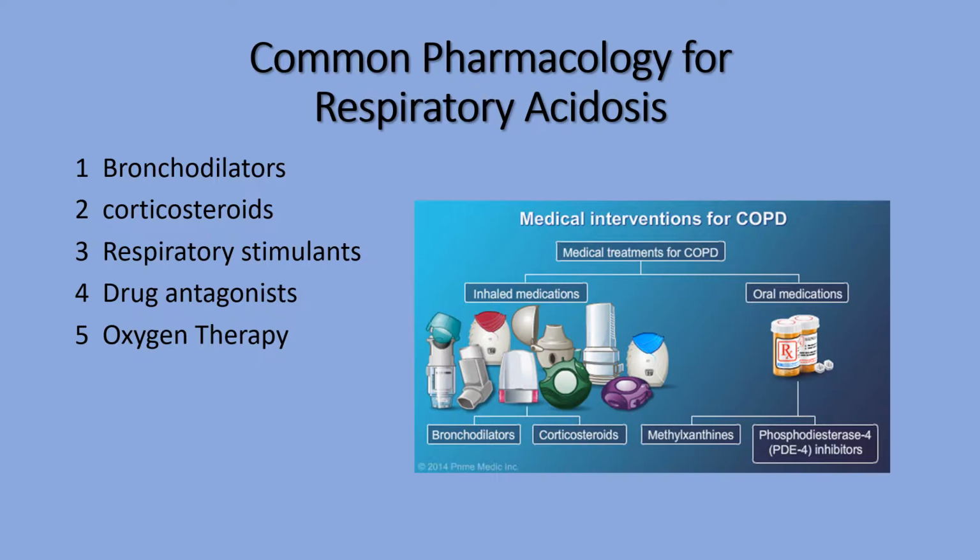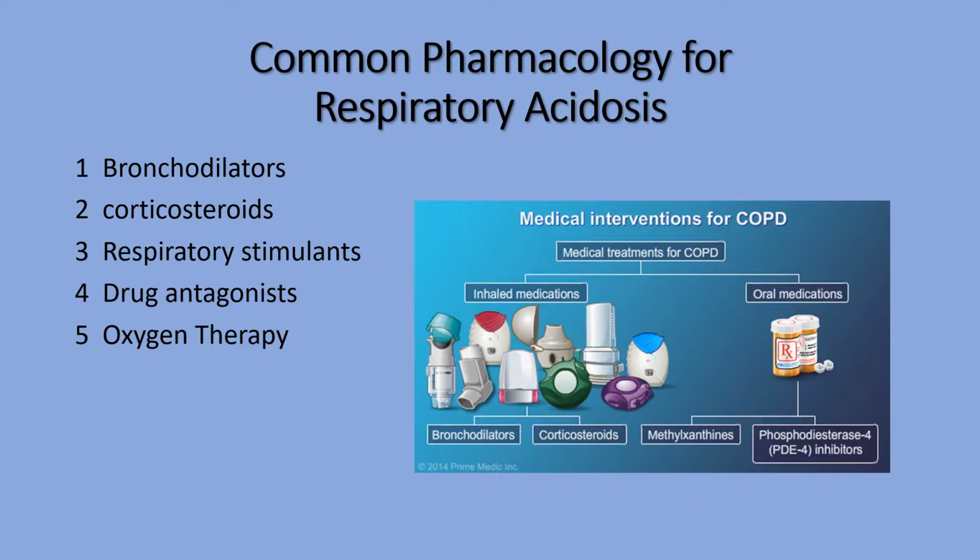Here's the meat of this discussion: the pharmacology of respiratory acidosis. There are several ways that you normally reverse or treat the causes that create respiratory acidosis. You don't wake up one day and say, oh, I'm feeling a little acidic. It doesn't work that way. You have respiratory acidosis because something's going on with your ventilation.